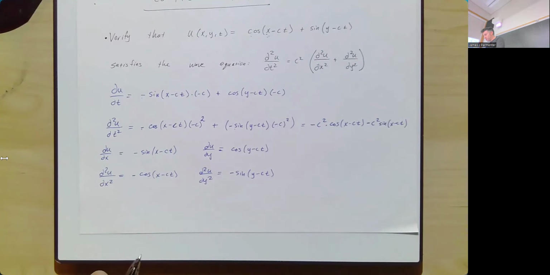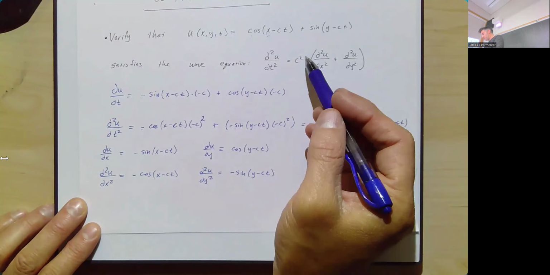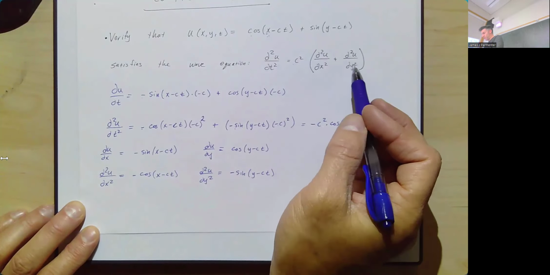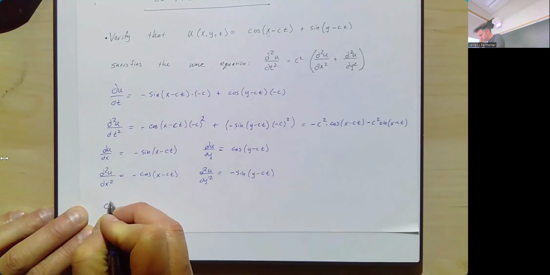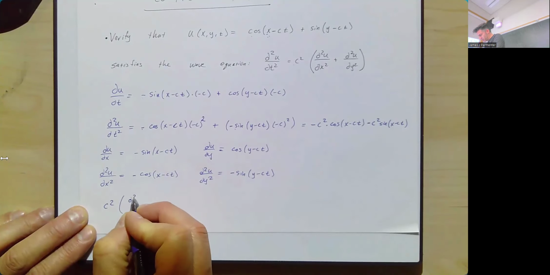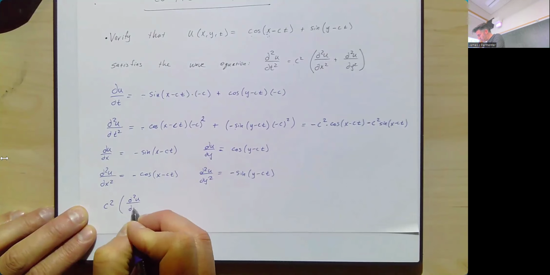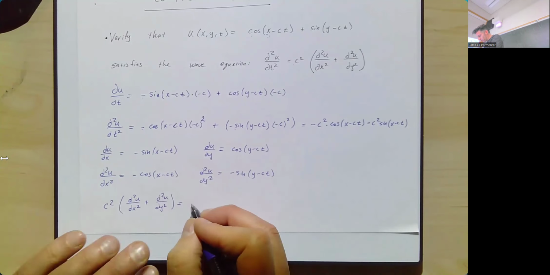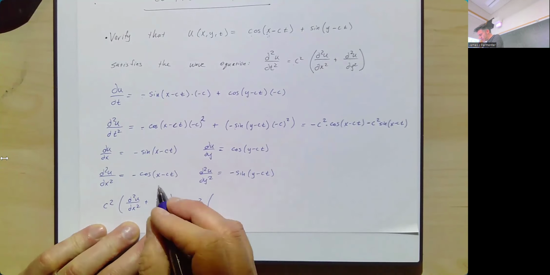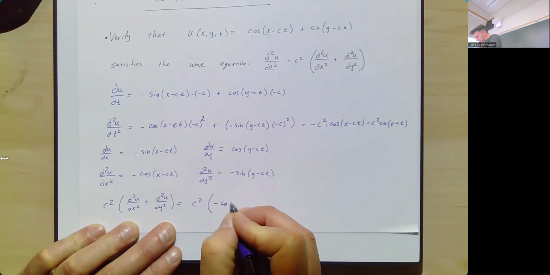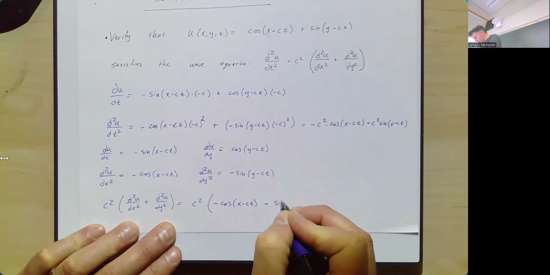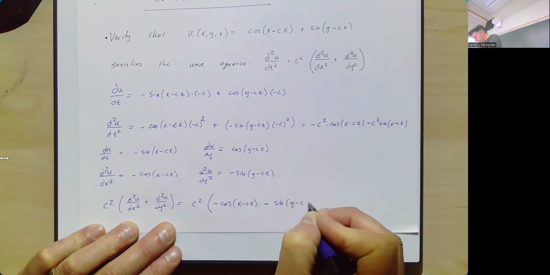And then I'm going to write this equation. C squared times del squared u del x squared plus del squared u del y squared is equal to c squared times negative cosine of x minus ct minus sine of y minus ct.